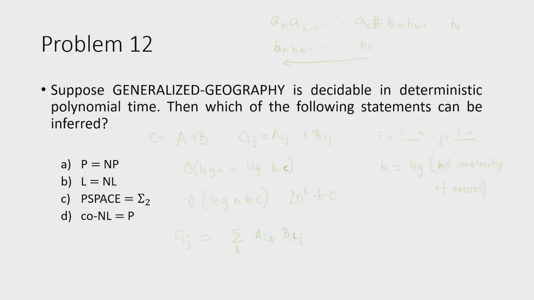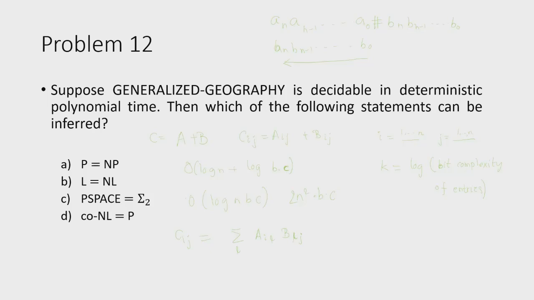As usual, we would compute C bitwise. So one strategy of computing C is the following. Compute AiL, BLj, store it on your work tape and then add them up. But that would take up a lot of space, right?